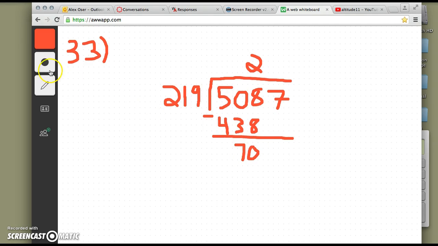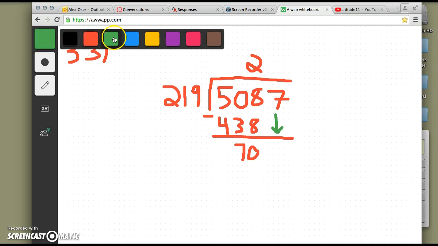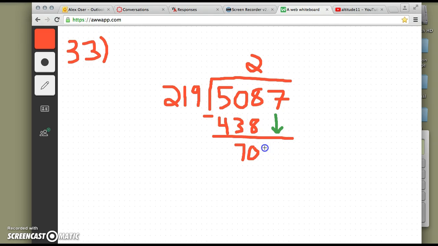All right, and at this point, what we want to do next is bring down any leftover numbers. In our case, we still have this 7 left over, so we need to bring it down.